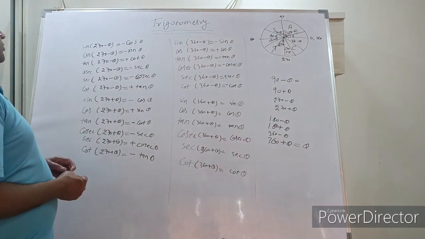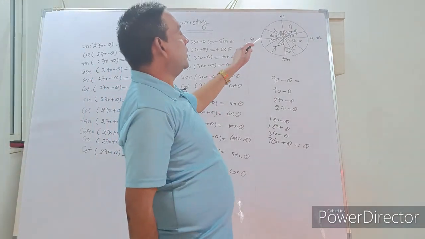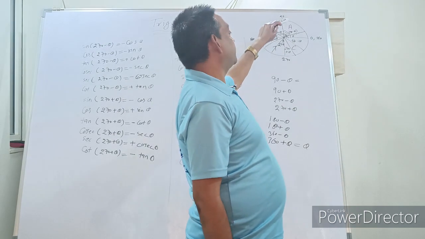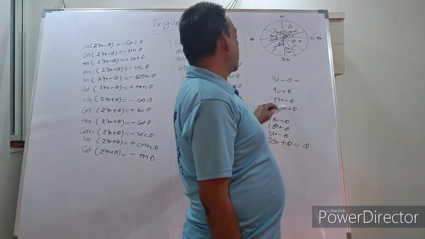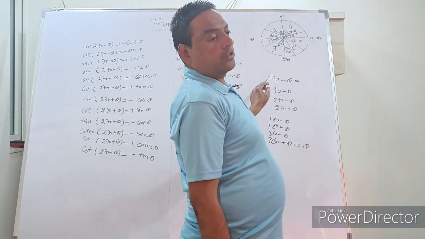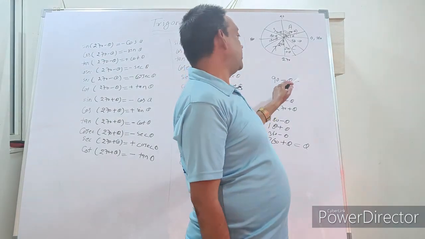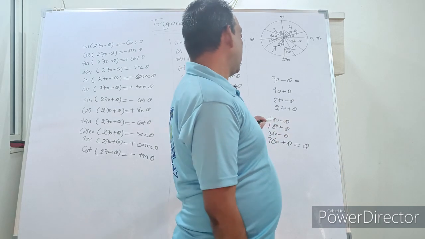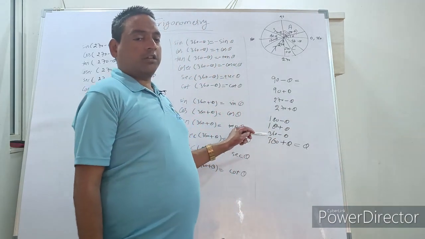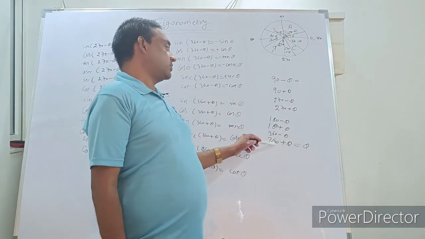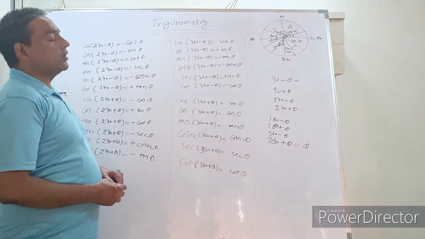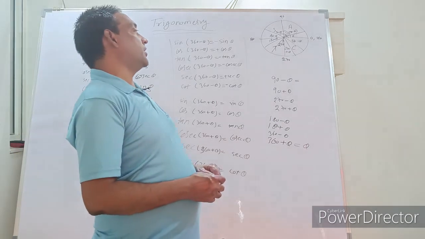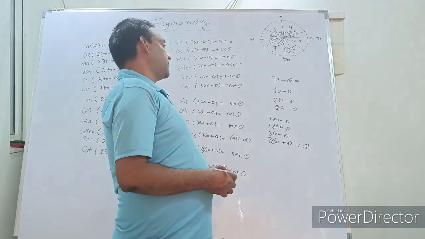Only one thing you have to remember here: the unit circle diagram, all silver teacup. For an odd multiple of 90 degrees, the trigonometric ratio changes as well as the sign. For 180 minus, 180 plus, 360 minus, 360 plus, that is an even multiple of 90 degrees, only the sign changes, the trigonometric ratio does not change.